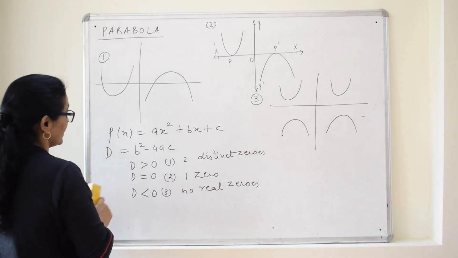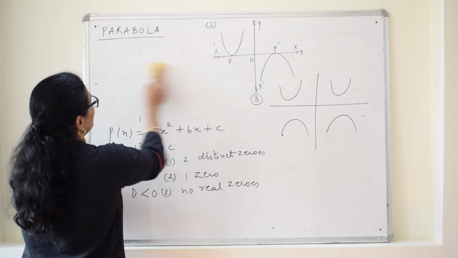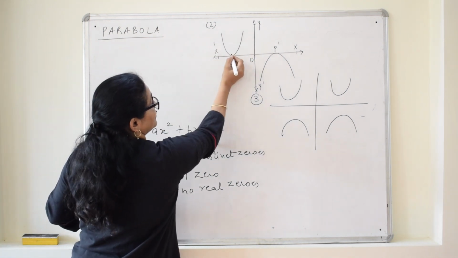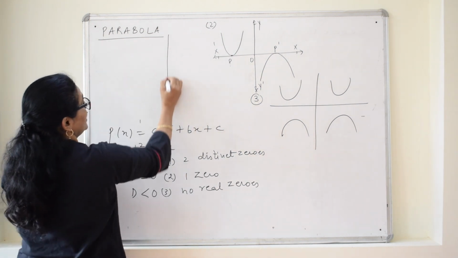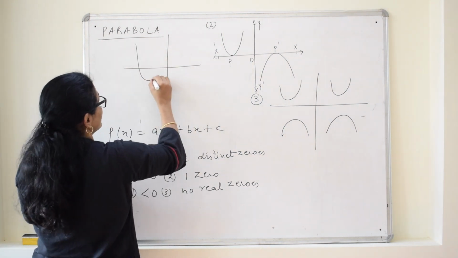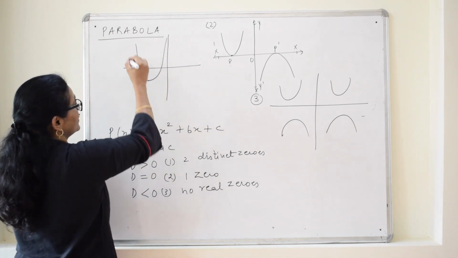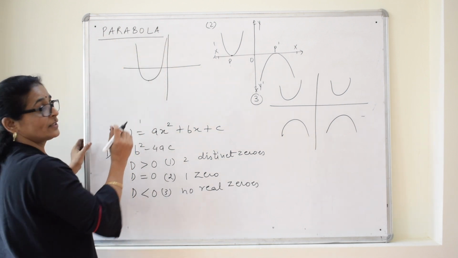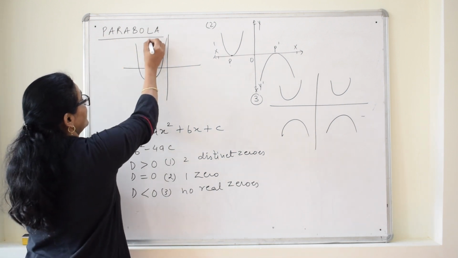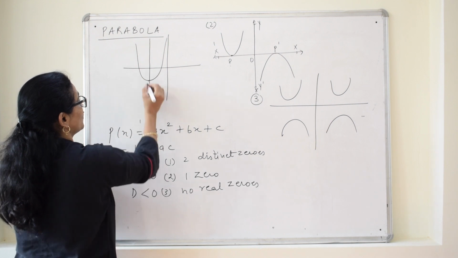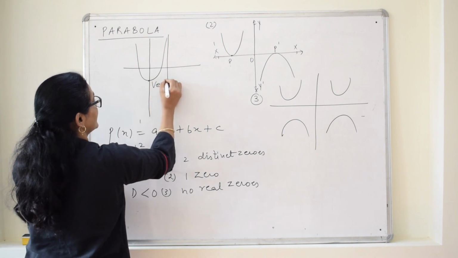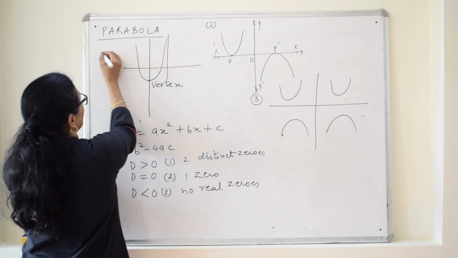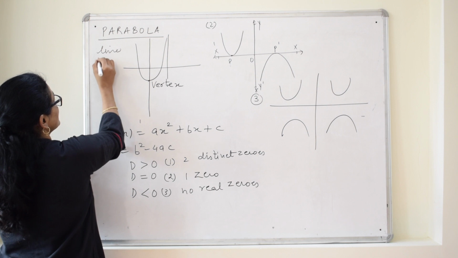And we can also find out the point from which we take this term, means this point. So for any parabola, the point from where the curve takes the turn so that these 2 curves are symmetric towards a line, this point is called the vertex of parabola, and this line is called the line of symmetry.